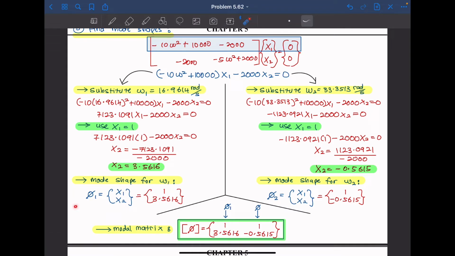Like I've already told you just now, from the previous question, we stopped until here. We found the omega 1, omega 2, mode shape 1, mode shape 2, stop.